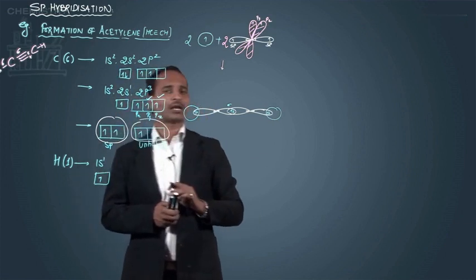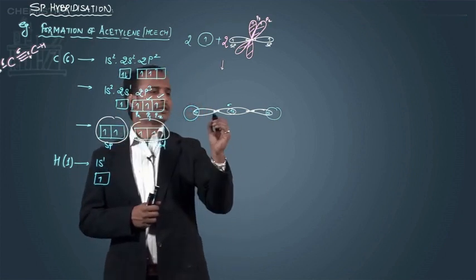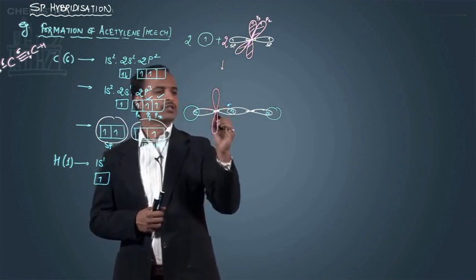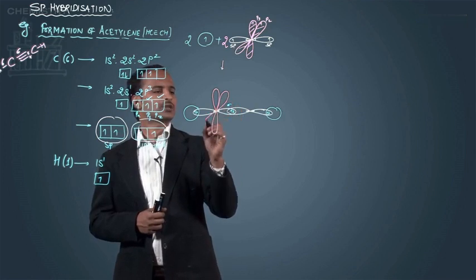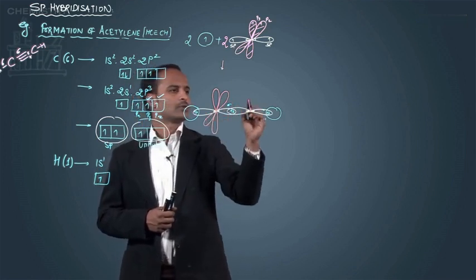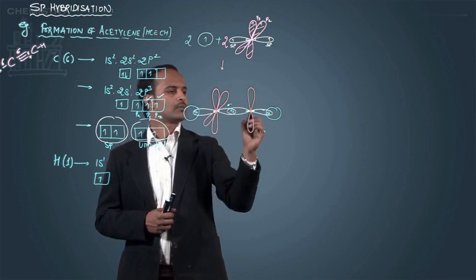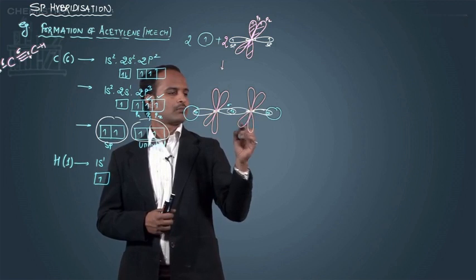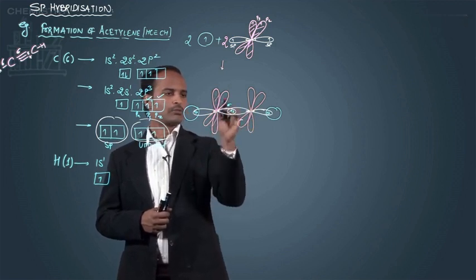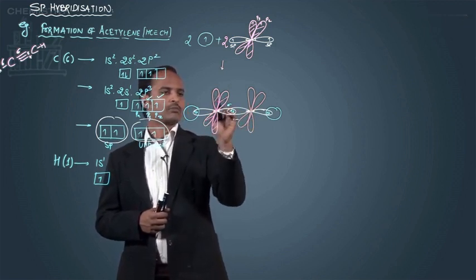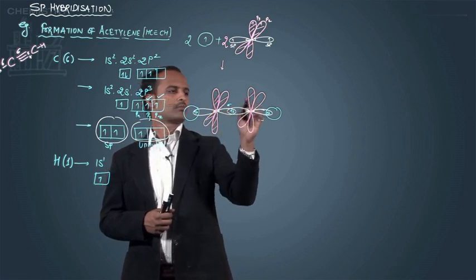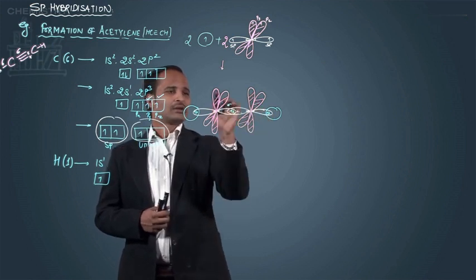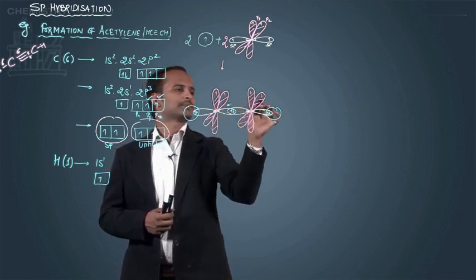Now it's time for the overlapping of the unhybridized orbitals. Each carbon has 2 unhybridized orbitals: the first and second unhybridized orbitals of the first carbon, and similarly 2 unhybridized orbitals here also. Each has two electrons.